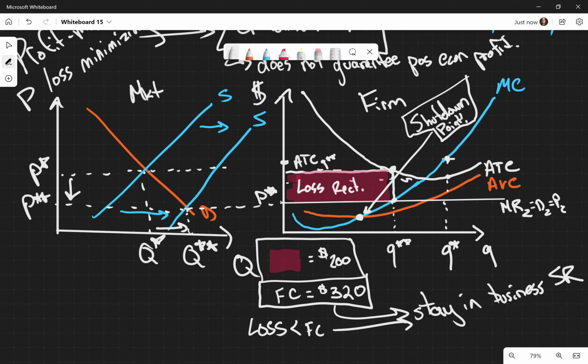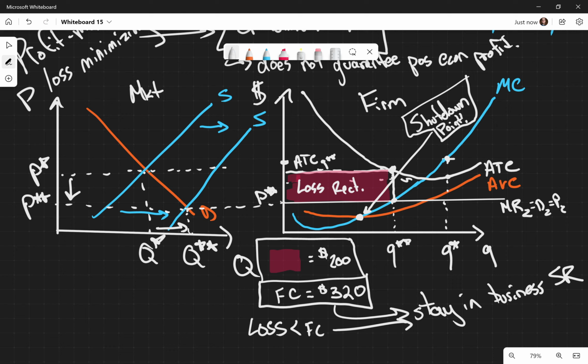Whenever the price falls to a level below that average variable cost curve, you are no longer losing less money than if you just closed down and swallowed the fact that you owe $320 every month on rent. If the price drops that low, there's no amount of profit maximization or loss minimization that can mitigate the fixed costs. In fact, if you continue to operate, you're going to lose $480 instead of $320.